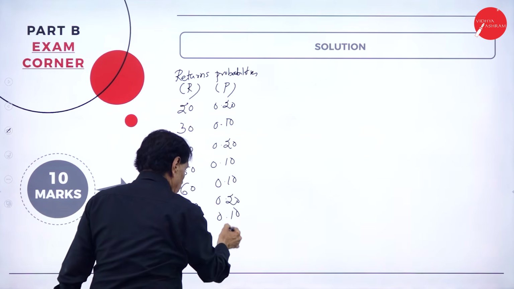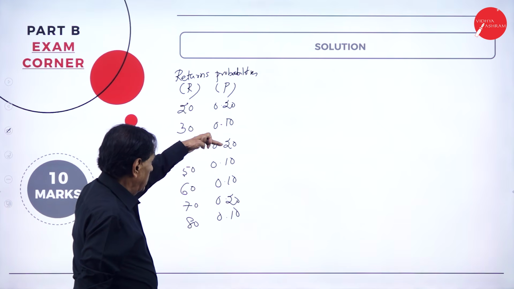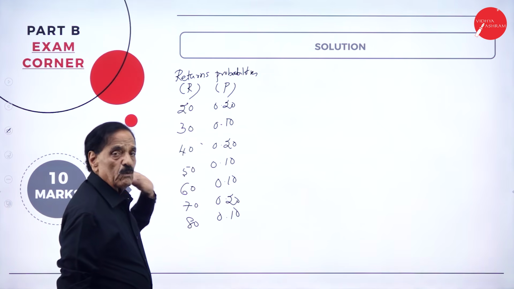When you add these probabilities, the total should be equal to 1.